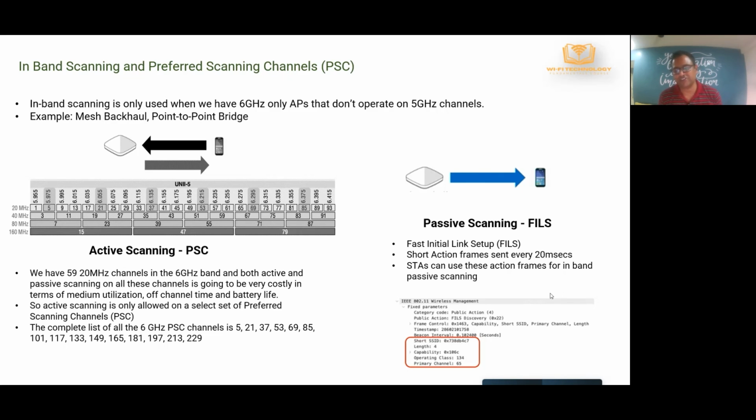By shortening that and transmitting at more regular intervals, you can shorten the passive scanning time on each channel, and that technology is called FILS, or fast initial link setup. So this is another concept that is part of the in-band scanning mechanism we have in 6 GHz.